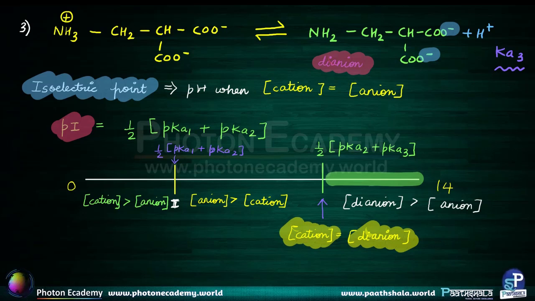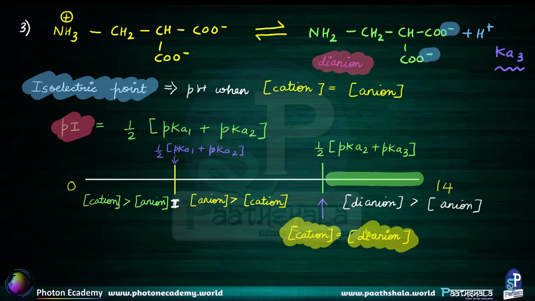At the second point, when the cation becomes equal to the dianion, we have got another point, but that doesn't matter, because this is actually not an isoelectric point. The isoelectric point is when the cation is equal to the anion concentration, and here cation is equal to dianion.